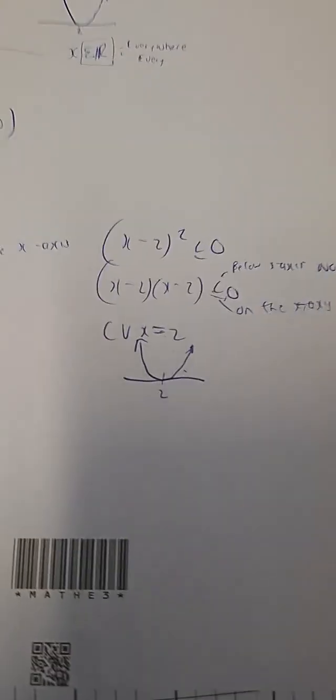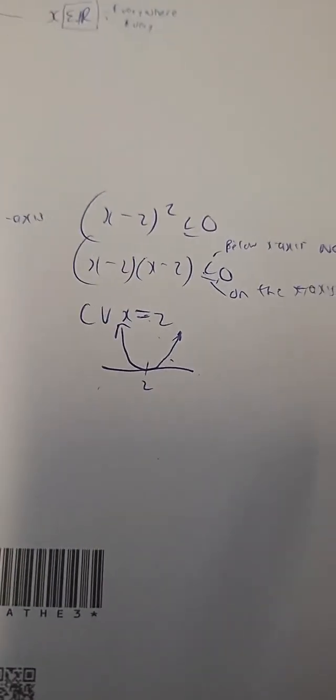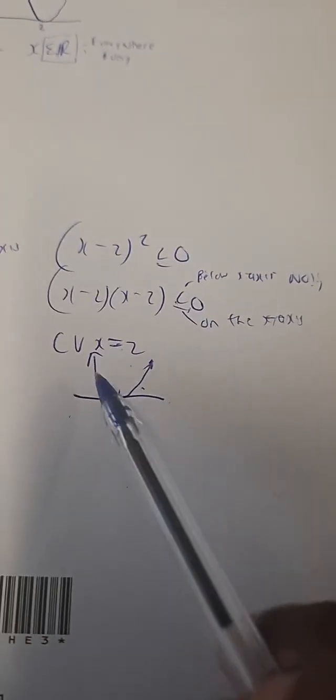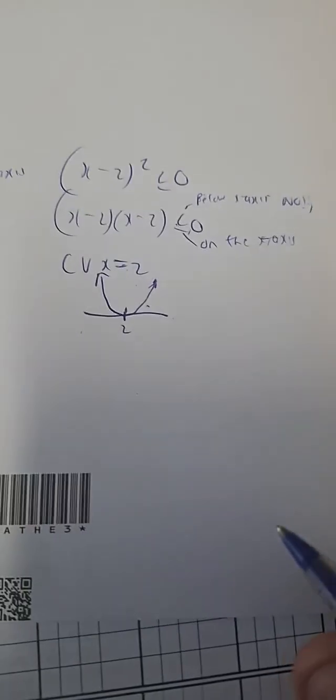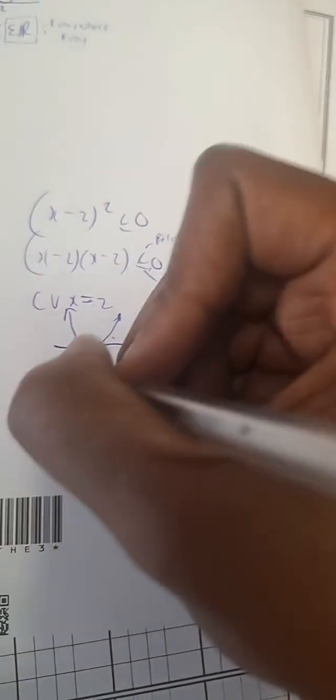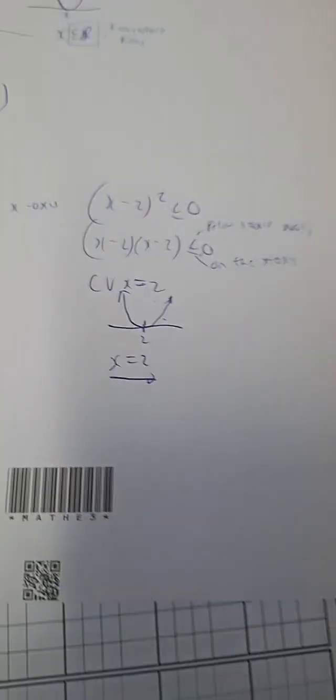Because below the x-axis there's no answer, the function is not there. But on the x-axis, is the function there anywhere? Yes, thank you so much. At 2, on 2. So x is equal then to what? To 2. That is the answer that you write as your conclusion.